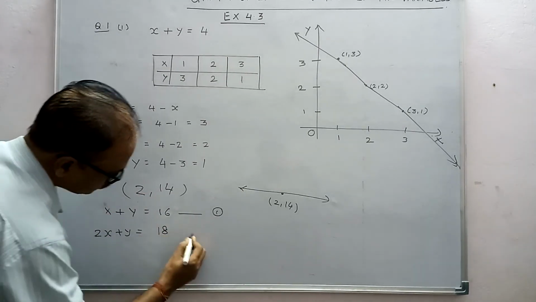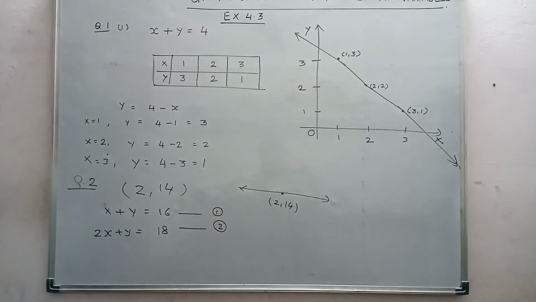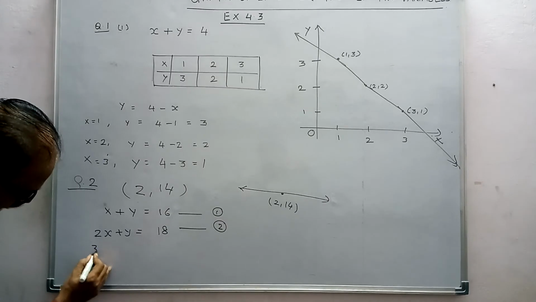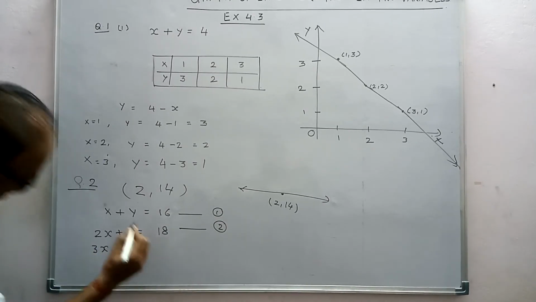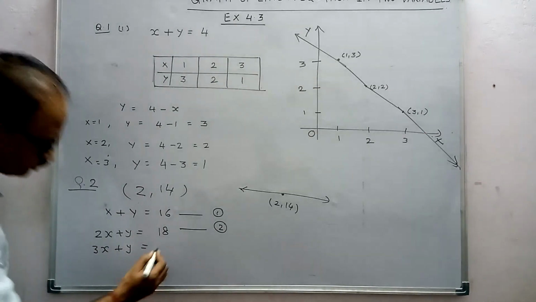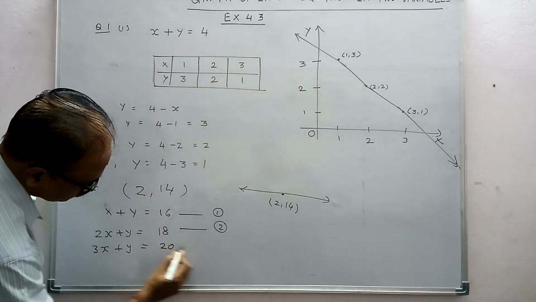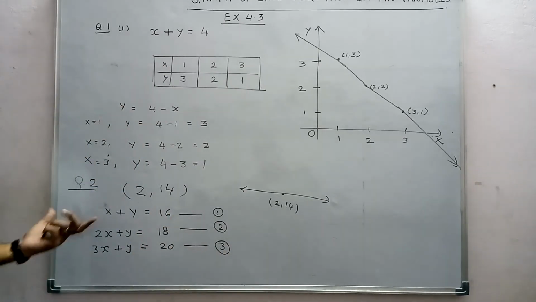So the second relation can be this. Similarly, you can take more relations. You can take 3x plus y, 3 times 2 is 6, 6 plus 14 is equal to 20. So that is your third relation. In this way you can find so many equations. Out of them you can write any two whichever suits you.